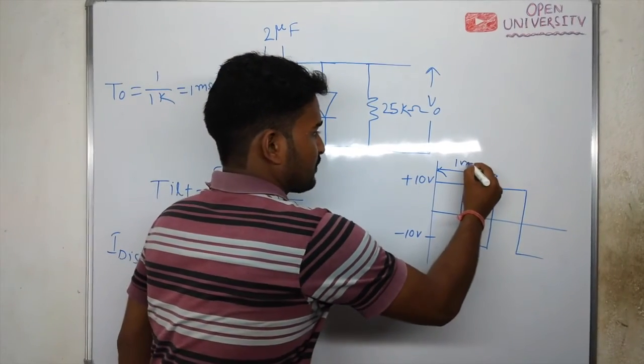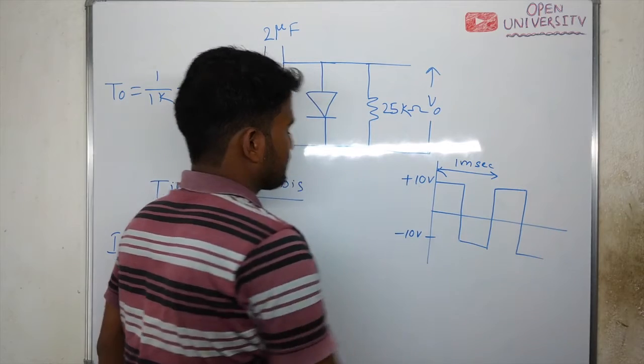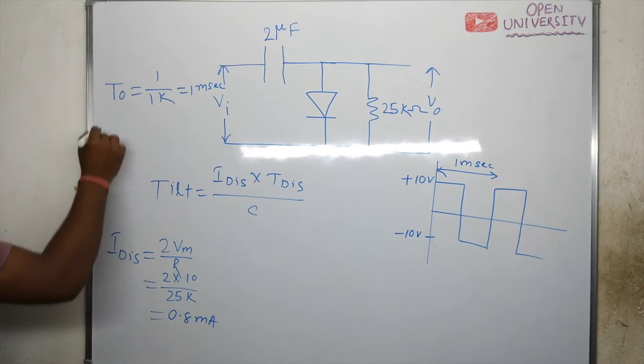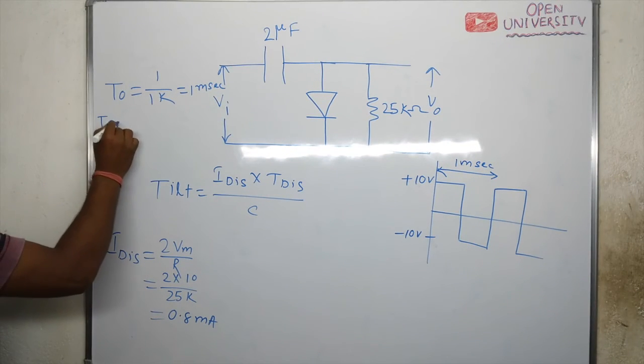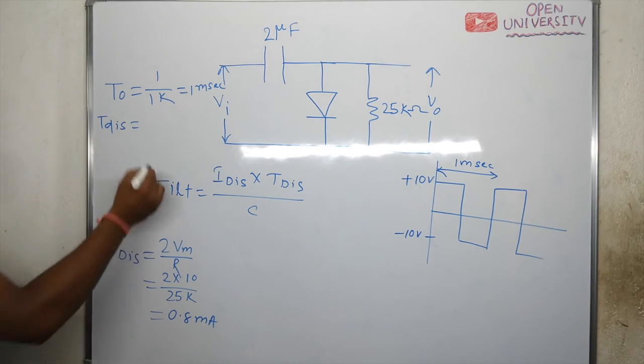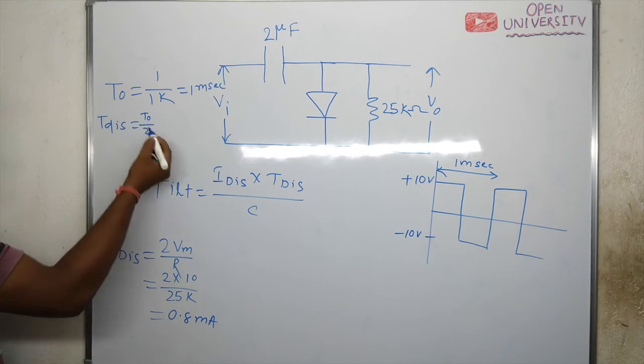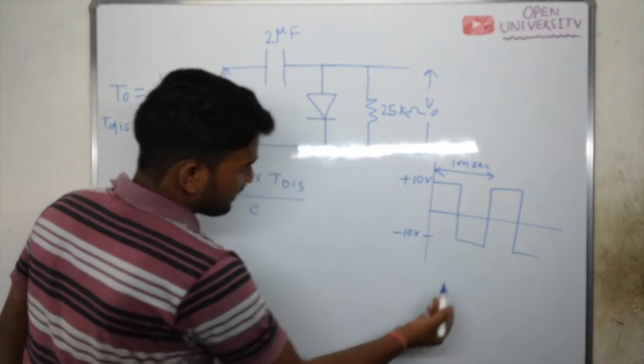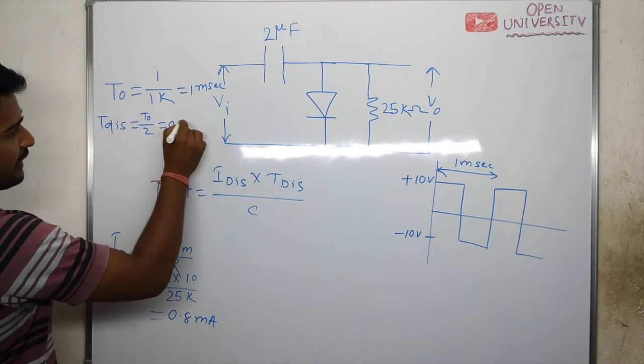What is the discharge interval? Discharge interval is equal to T naught by 2, so it will be 0.5 millisecond.